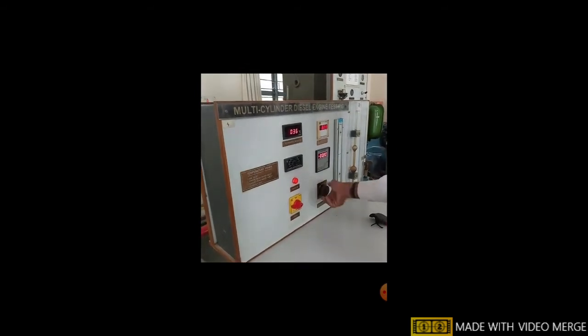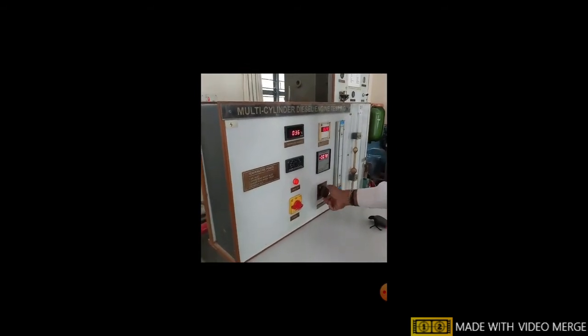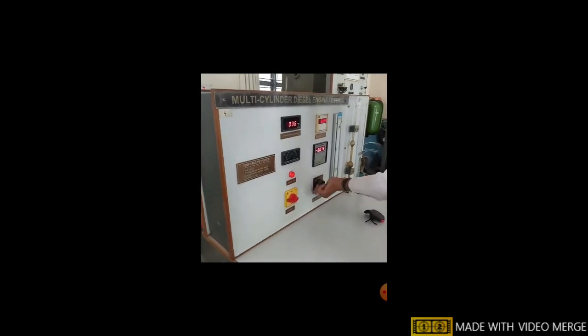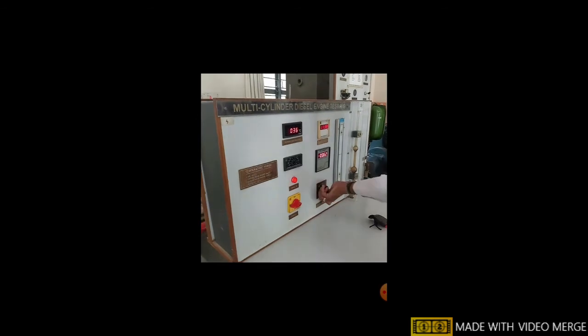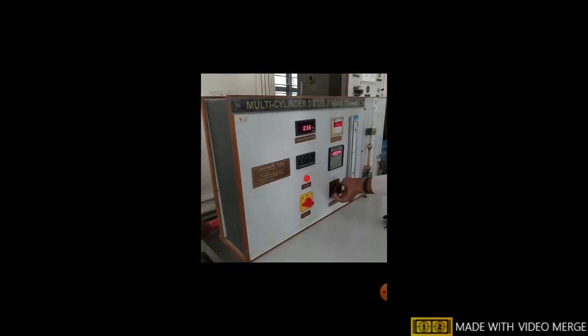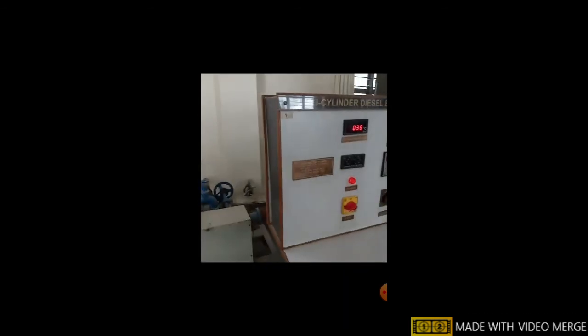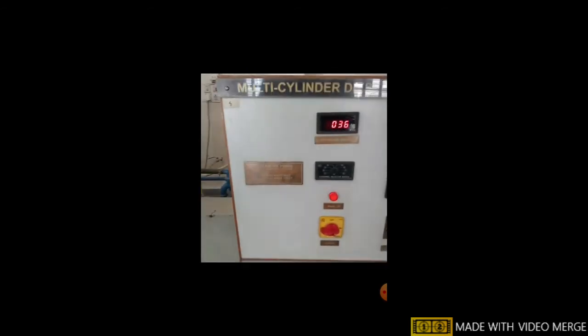Also you need to take care of maintaining constant RPM or speed by rotating the RPM valve. So around 1300 or 1400 RPM is maintained as constant.